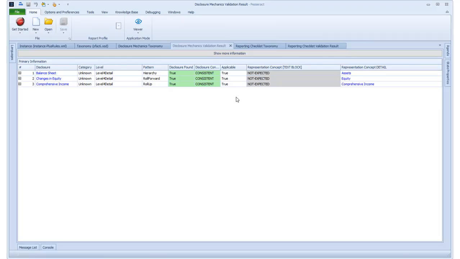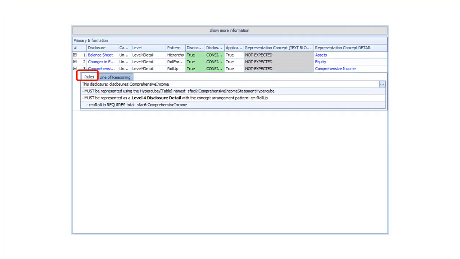So you then create a report and then verify the report. This is the result you get. It found each of the disclosures, and the disclosure is consistent with the specification. Here's the rule that was used to find the disclosure and determine if it was consistent.